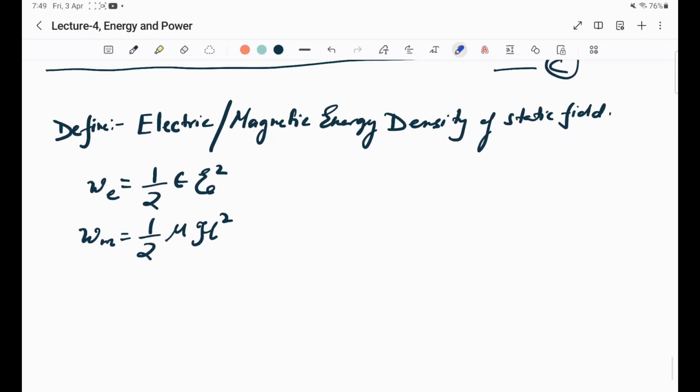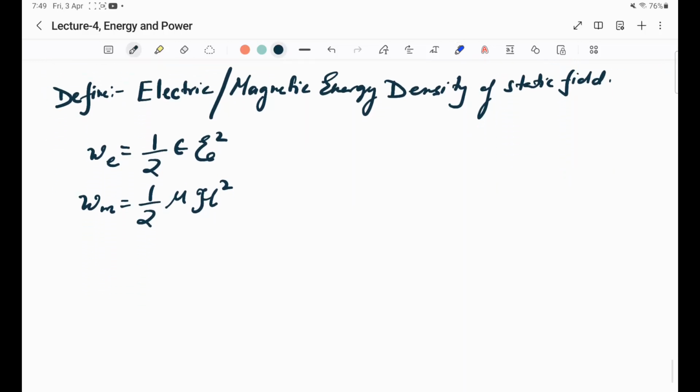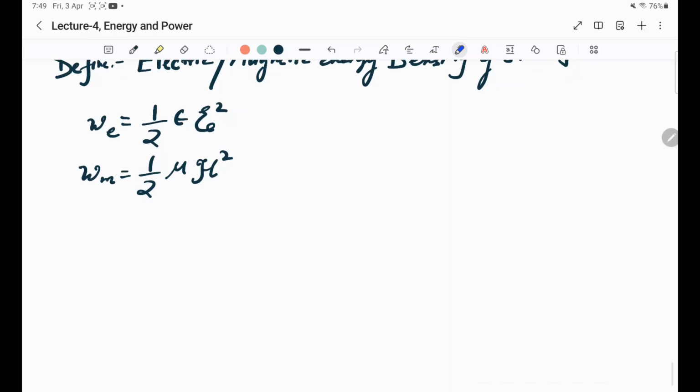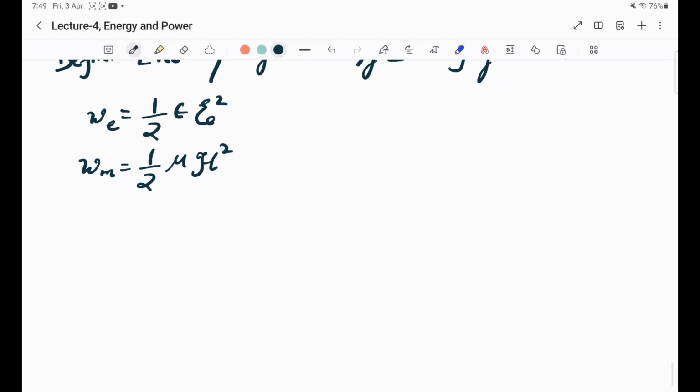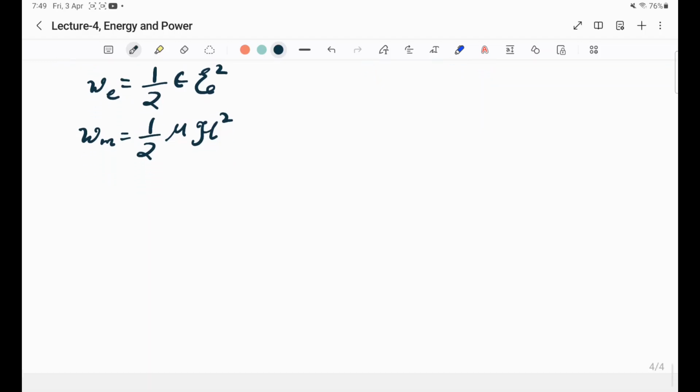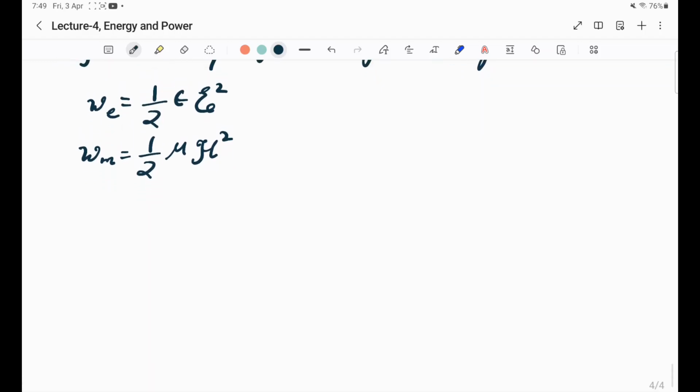Now since these two are energy density terms, if you do volume integration of these two terms, you will get the net electric energy and the net magnetic energy.